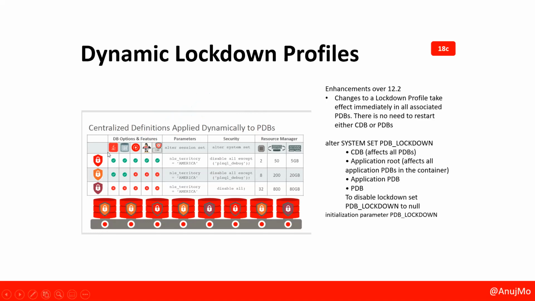In this one, you enable everything, but resource-wise you are giving fewer resources in the red. Here you are somewhat restrictive, but you're giving more resources. Here you are very restrictive, but giving a lot of resources. So this is just a matrix. You can have your own matrix for how you create your lockdown profiles, but this is how you create them.